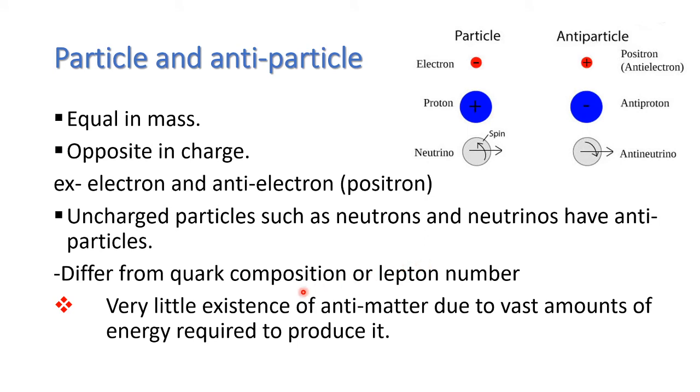Also, it has been found that there is very little antimatter compared to matter. One reason is that a vast amount of energy is required to produce antimatter. Also, matter is much more abundant, so matter joins with antimatter and produces photons.